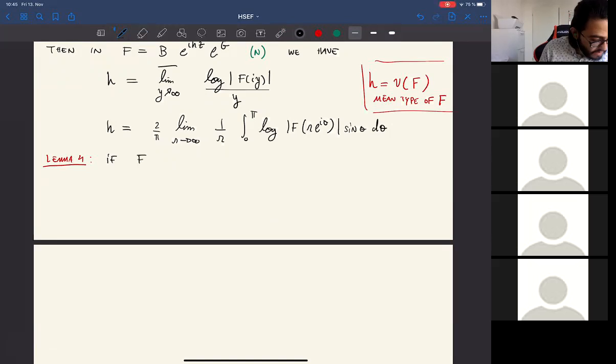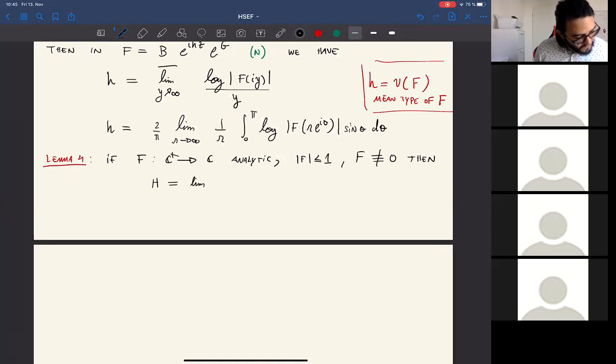If f is analytic, bounded by 1 in the upper half plane and not identically 0, then define this number, capital H, as the lim inf when r goes to infinity of 2 over pi times 1 over r.